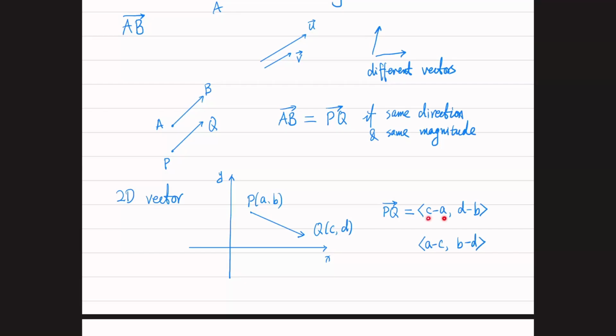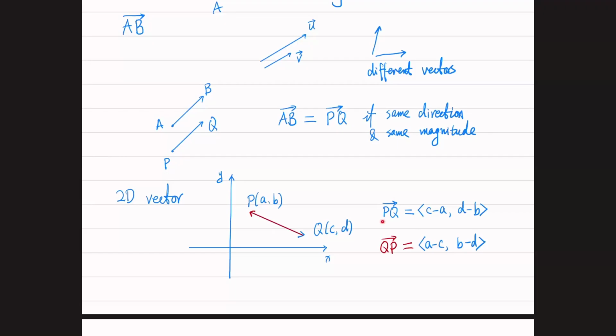C minus A will start at A, end at C. So end minus start. If A minus C, A is the end, C is the start, it will be this vector. Okay, so this is Q, P. You can see the difference.